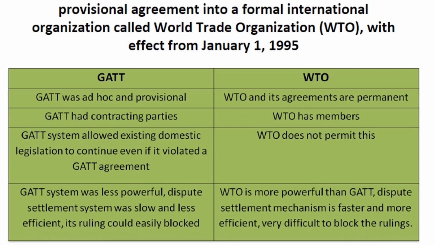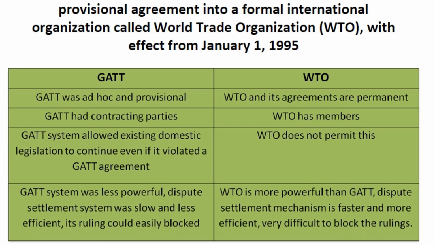So what is the difference between the GATT and the WTO? The WTO started to work as an international organization regulating trade on January 1st, 1995, whereas GATT was created in 1947, as we said. GATT was ad hoc and provisional. It had contracting parties, whereas the WTO is an agreement, and its agreements are permanent.